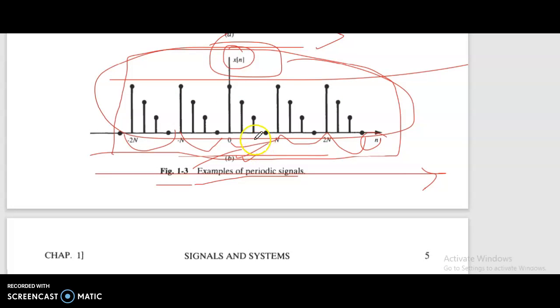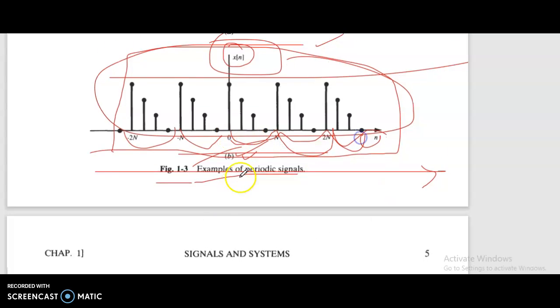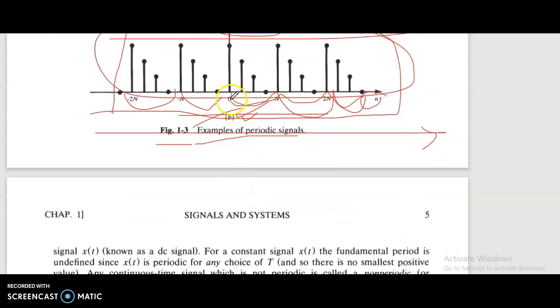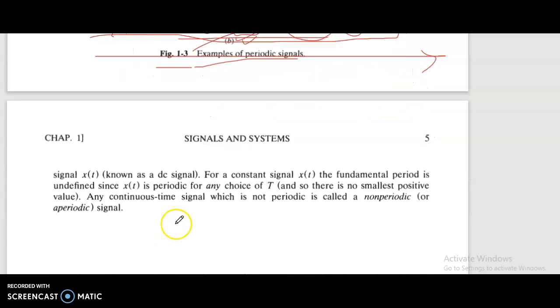This is one N, this is integer 1, it means 2N; all are equal. Same value from here to here to there, that's a period.